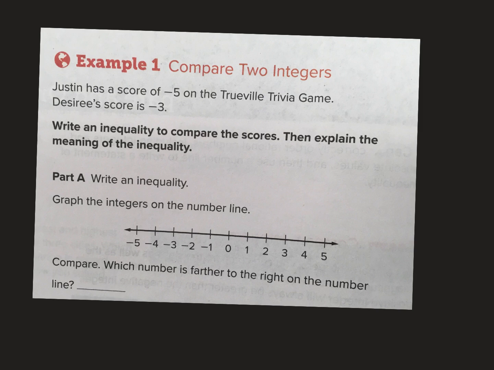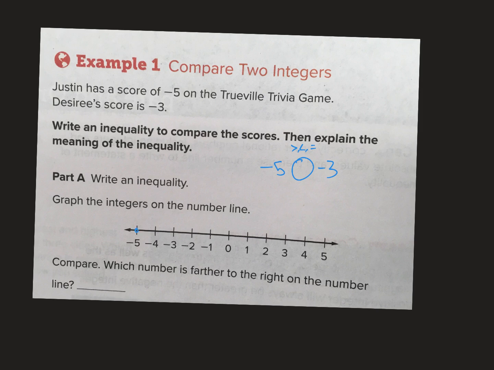We want to write this in the order that we see it. So -5, I'm going to put a circle there because we're going with either greater than, less than, or equal to. In this case, we can all agree that -5 is not equal to -3, so we can rule that one out. So what we want to do first is plot our points.